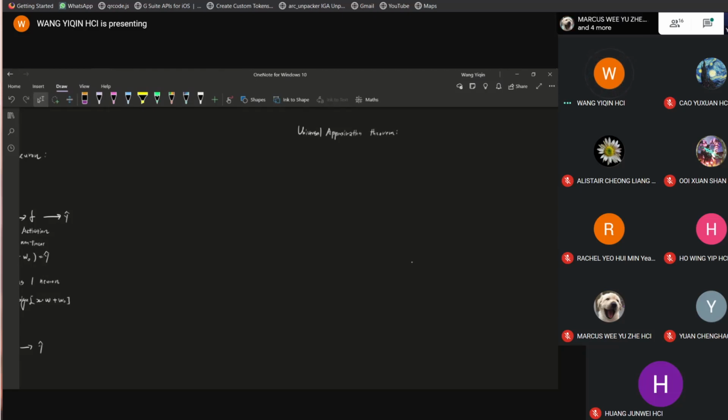If you're interested, you can go read the papers. There are actually two definitions for this. One is that you can approximate any function with a single hidden layer of arbitrary size.